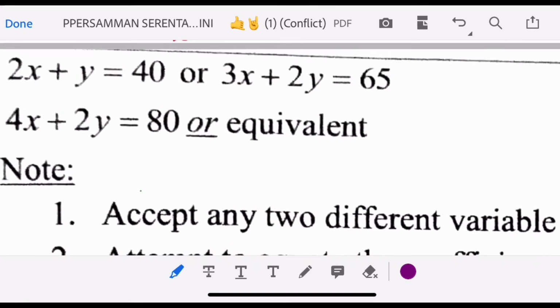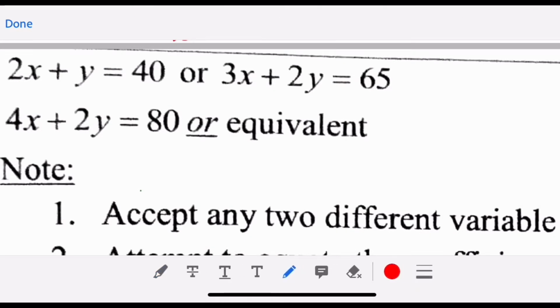So if you manage to write down the answer like this, 2x plus y equal to 40 and 3x plus 2y equal to 65 or equivalent, so you will get marks for that, working marks.